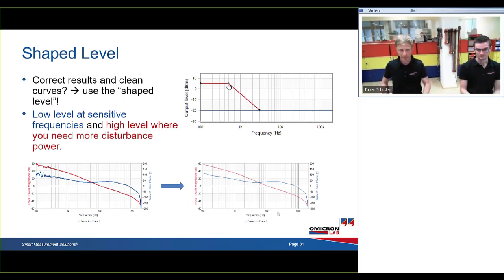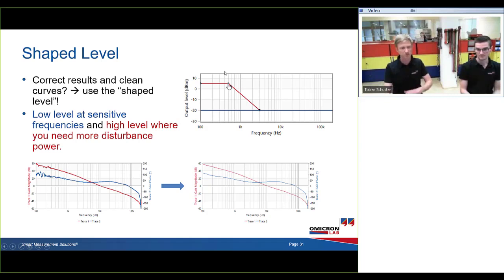And to overcome that, you can use the shaped level function, or you can shape the level, a variable signal level over frequency. In this case, for example, you can see that at 100 Hz, the signal level was at 5 dBm, and then above 500 Hz, the signal was constantly reduced, and above 2 kHz or 3 kHz, it was at minus 20 dBm.